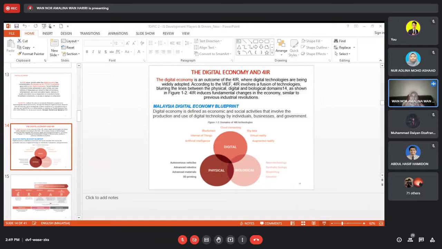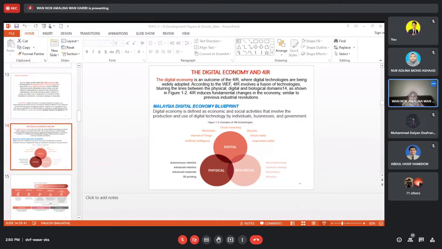Say you want to buy something from the UK, you have to get an acquaintance, probably relatives over there, to buy it. Say the price is 30 pounds sterling, plus postage comes up to 50 pounds. When you want to pay them, you have to convert the 50 pounds to RM, knowing the value of RM. Then you have to go to the bank, telling them that I have to send 50 pounds to this person. The bank will state the equivalent in RM. That is how tedious it was to buy products from abroad.